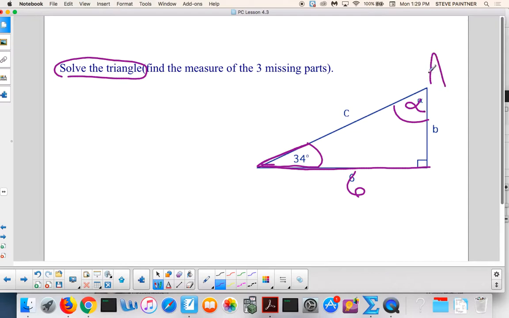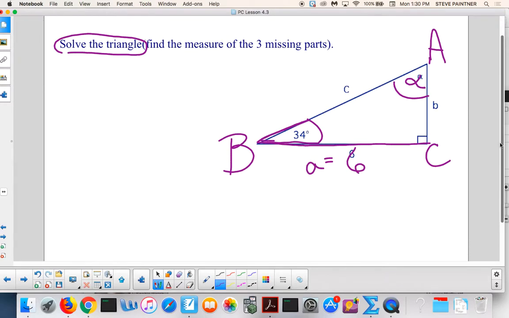A. Put A. Oh, by the way, the side across from A, opposite of A, is called side A. This is angle A, this is side A. Uppercase for angles, lowercase for sides. If this is C, then this is angle C. If this is B, this is angle B. Kind of nice to label your sides and your angles.